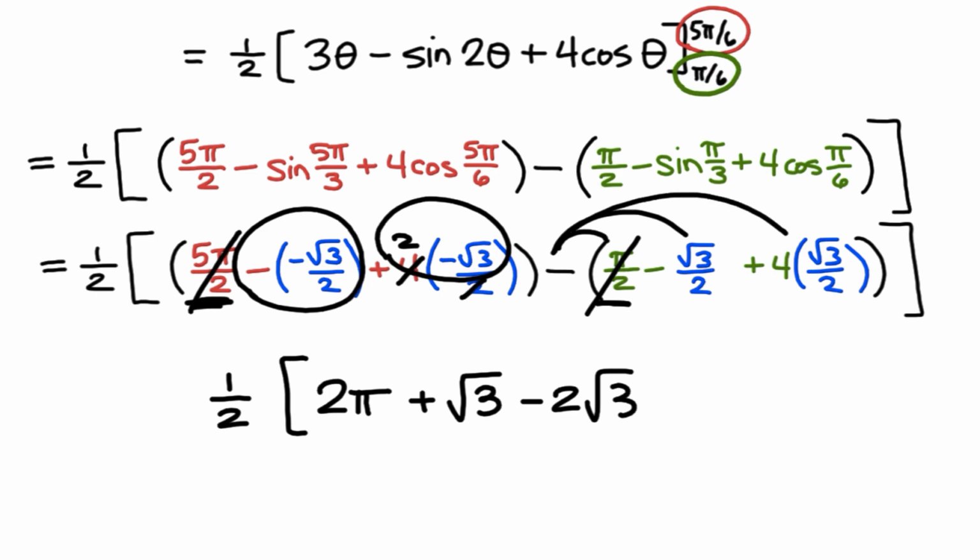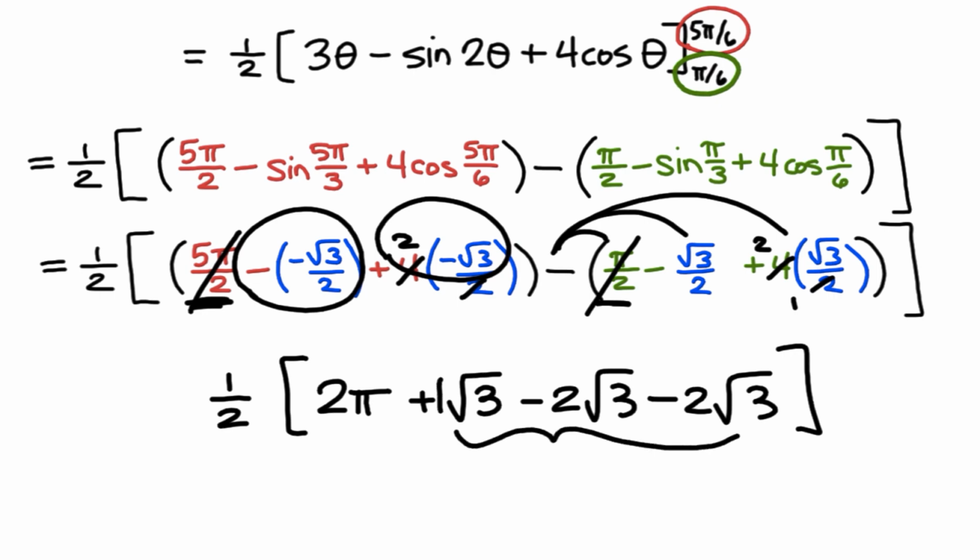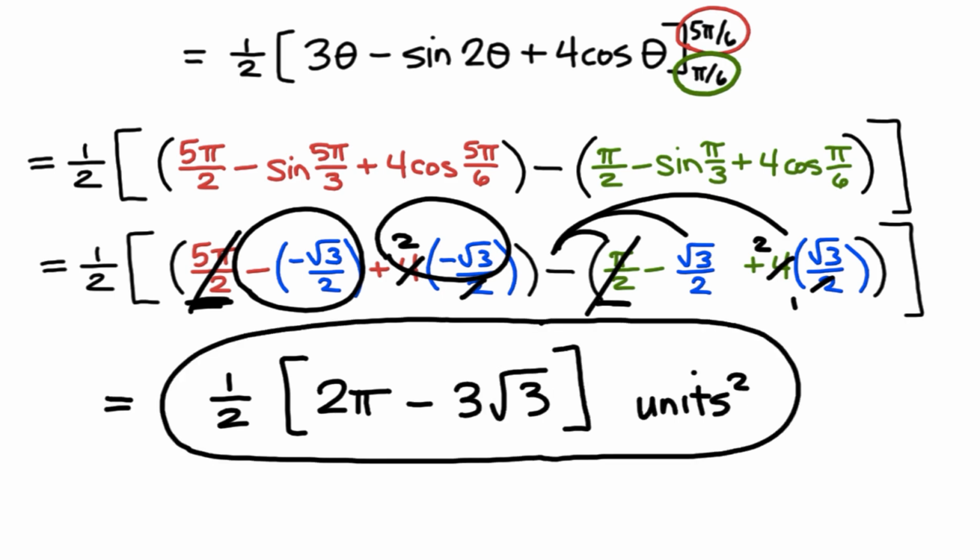This negative is going to come here, again canceling. Another -2 rad 3. There's a 1 on that. Putting this all together, you're going to have -3 rad 3. And so your final answer will be 1/2 times 2 pi minus 3 rad 3. And that will be the area of the inner loop.